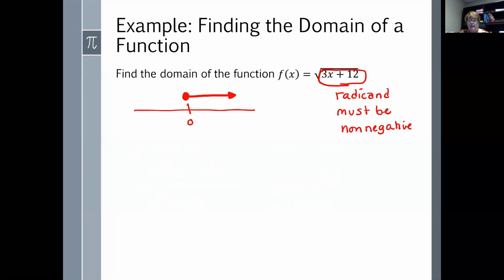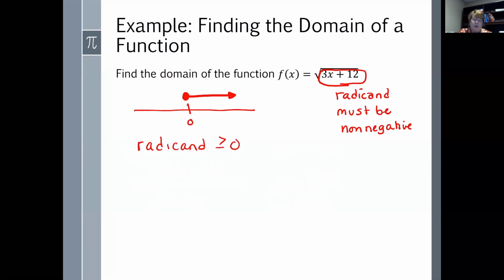It cannot be negative. It must be non-negative. So you take the radicand, whatever it is, and you set it greater than or equal to 0.